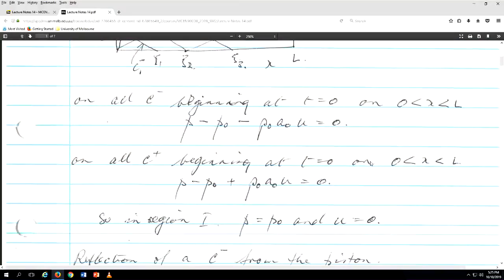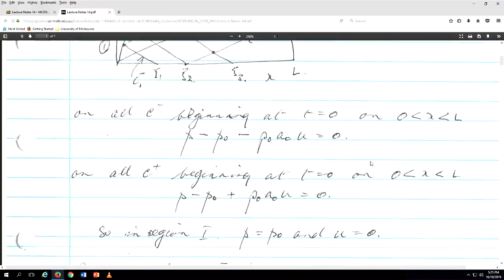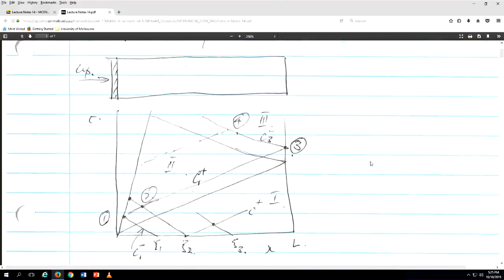So I've said here, in region 1, everywhere in this region on this XT diagram, I can reach every point from a C minus characteristic and a C plus, and it's no surprise to you that everywhere the pressure is P naught and the velocity is naught.